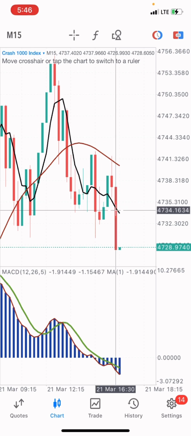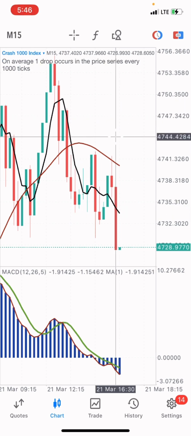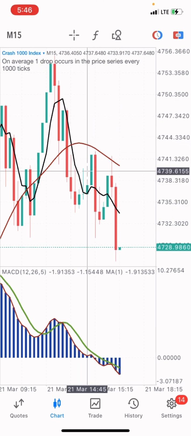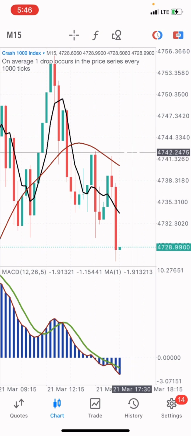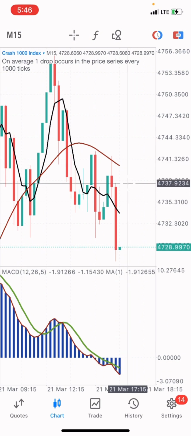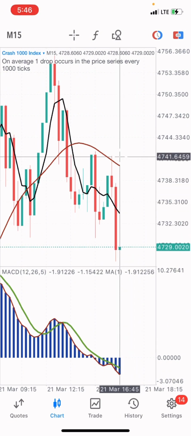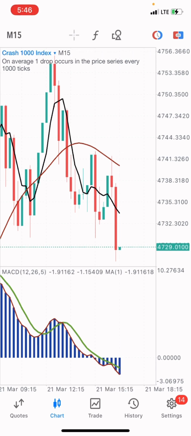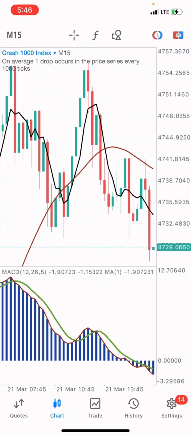Okay, you want to wait for price to cross above them, close bullish above them. You want to see the two moving averages cross themselves on the main chart, and you want to see price cross above them for you to have yourself a good entry. Okay, so if that happens, that bullish closing is giving you a signal to buy, and that's when you buy and you catch 10 candlesticks and then you leave the market.